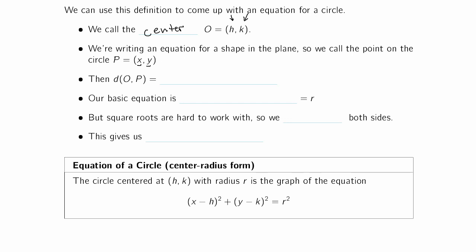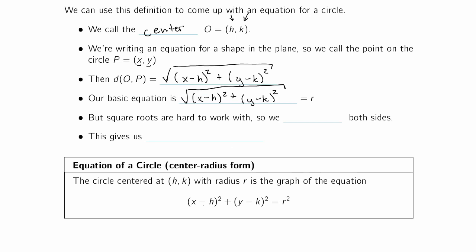Then the distance from the center to the point is the square root of the difference in the x's, so x minus h squared, plus the difference in the y's, so y minus k squared. Take the square root of the whole thing. So our basic equation is just that distance equals r.